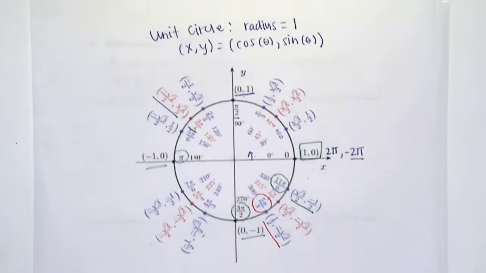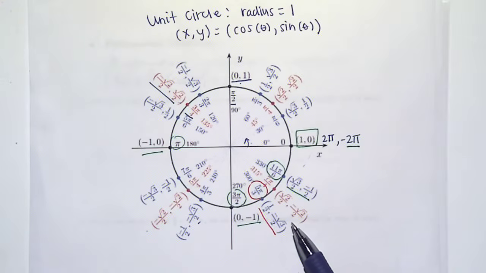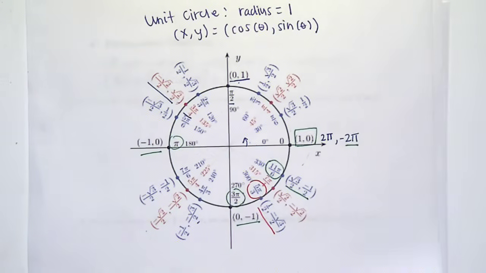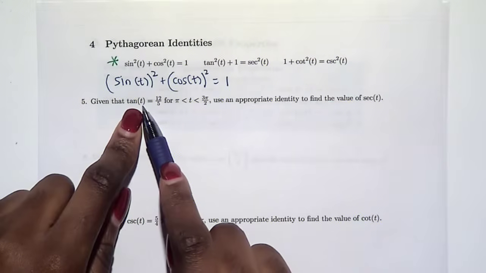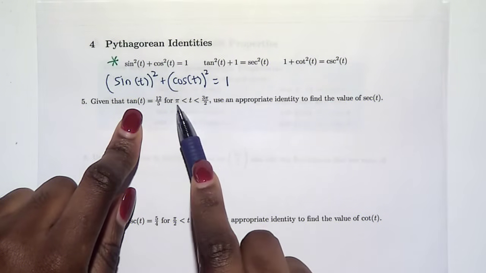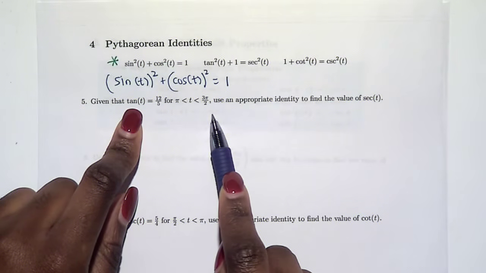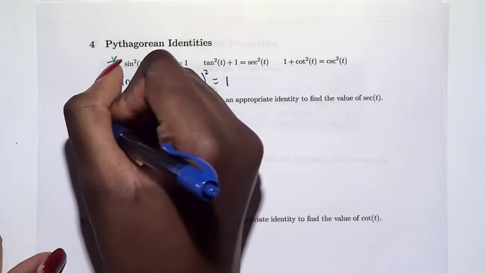All right, so the unit circle is not really going to help us here. However, we know we're on the unit circle. So let's talk about how we can work this problem out. Let's start with the first fact, that t is an angle between pi and 3 pi over 2. Let's think about where that would be on our unit circle.